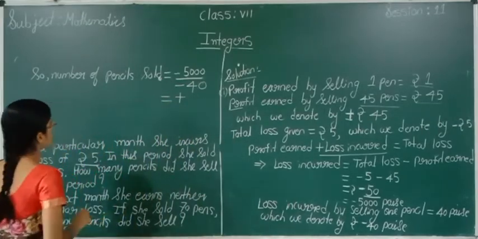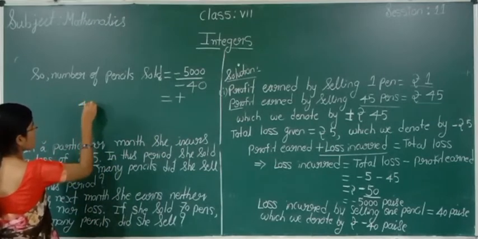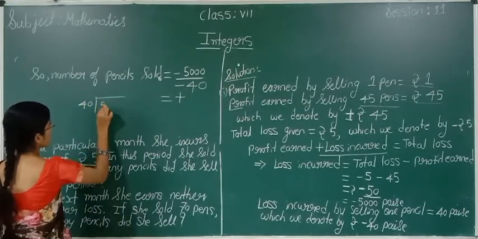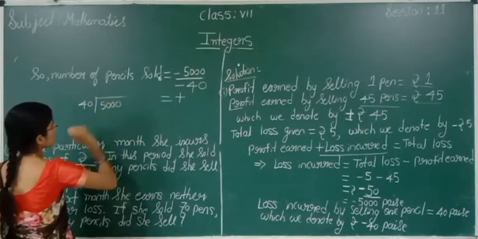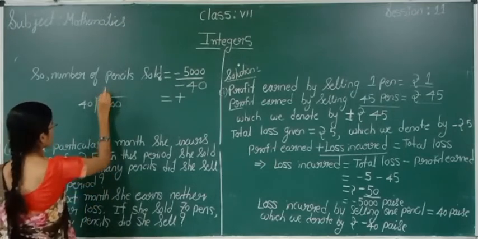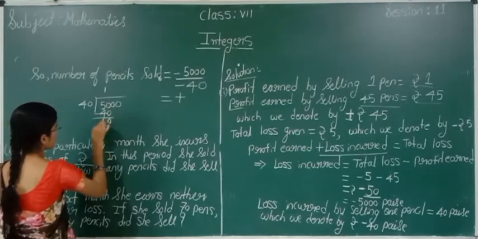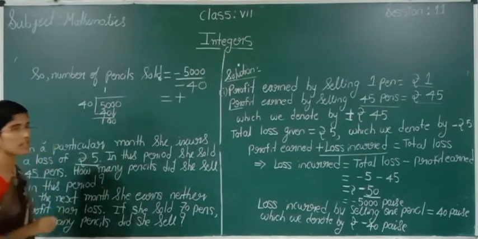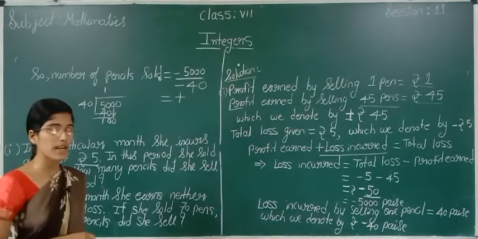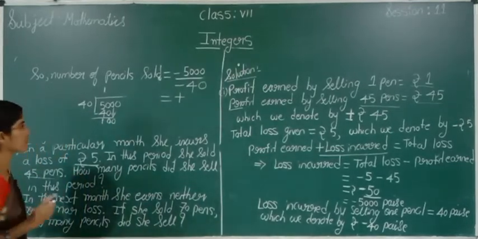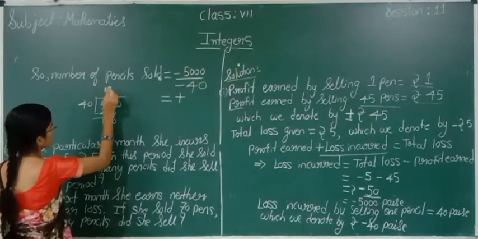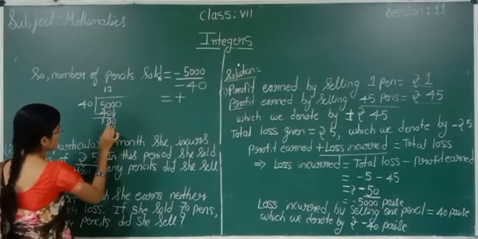Okay. Now see here, divide 5000 by 40. 40 ones is 40. It will come here 10. We will take 0. 40 threes is 120, right? We will go 40 twos is 80.